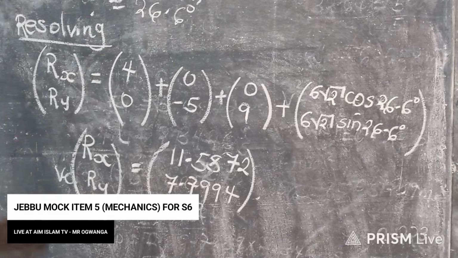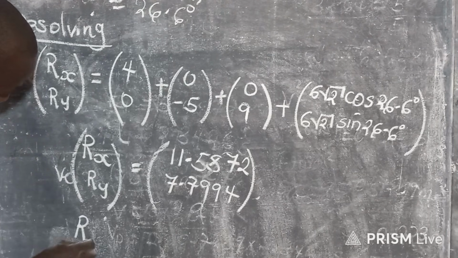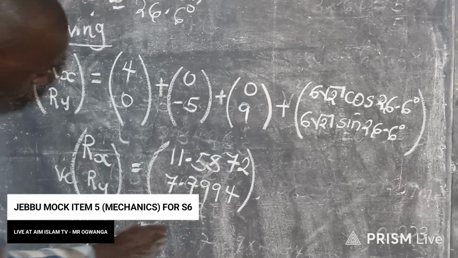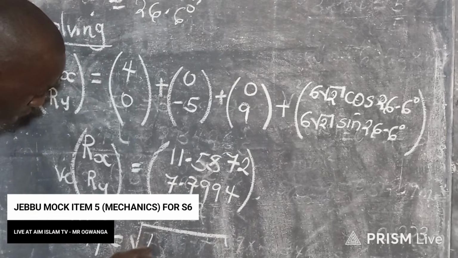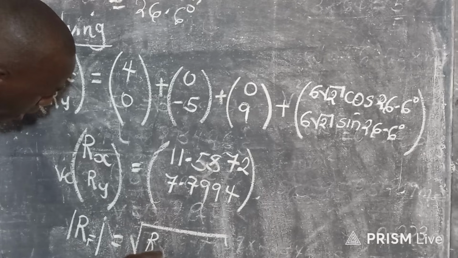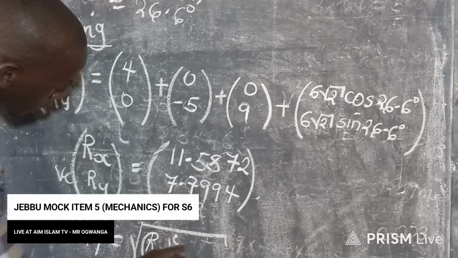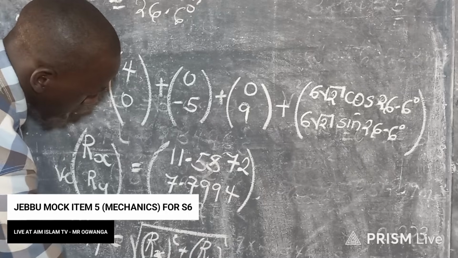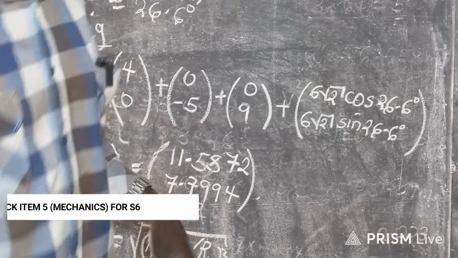Then you can go and get now the magnitude of the force, the magnitude of the force acting as the resultant, where we said the F for this case is always given by the square root of the resultant at x squared plus the resultant at y squared.